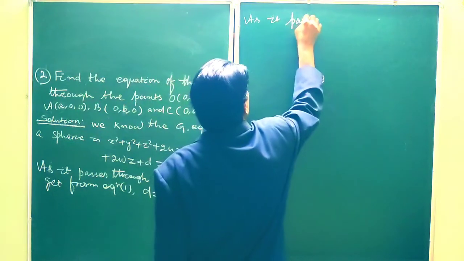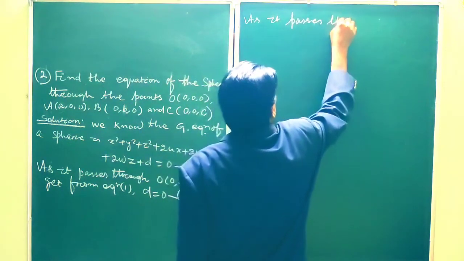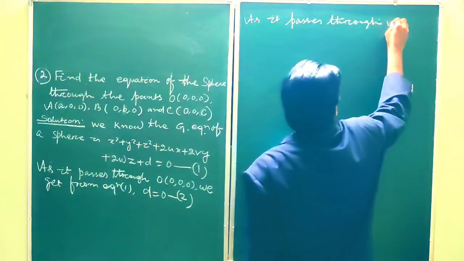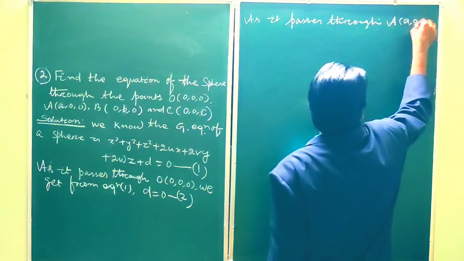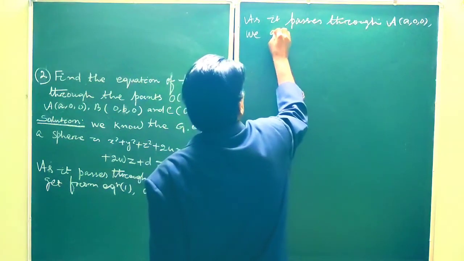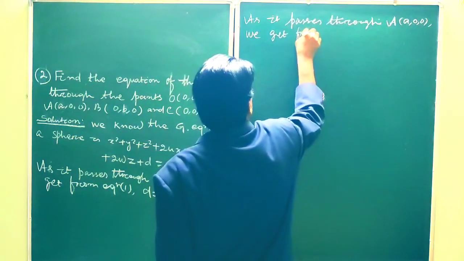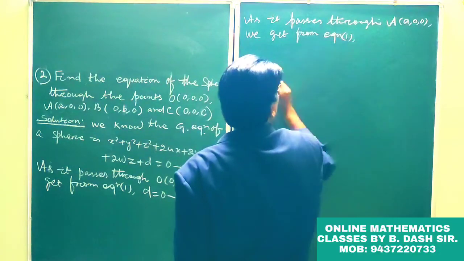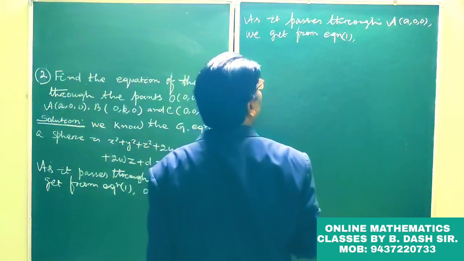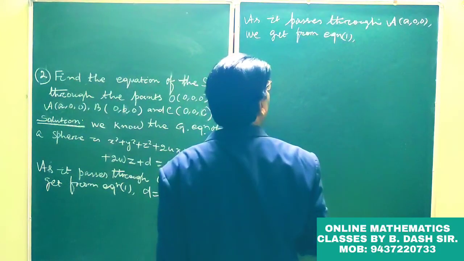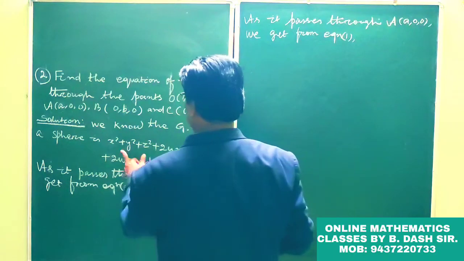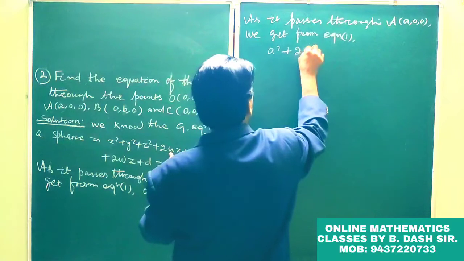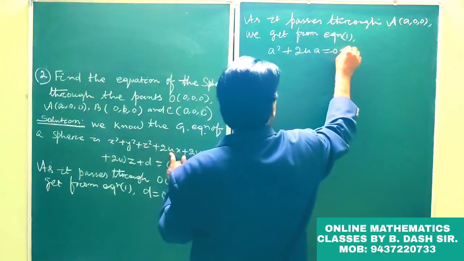As it passes through A of a, 0, 0, we get from equation 1, putting x is equal to a, y is equal to 0, z is equal to 0, we get a square plus 2ua is equal to 0.